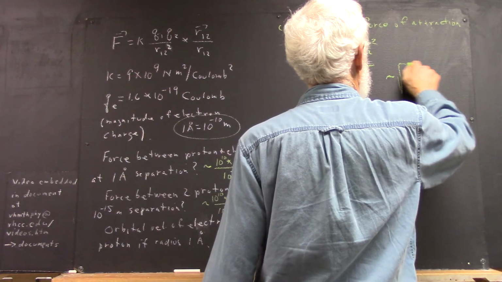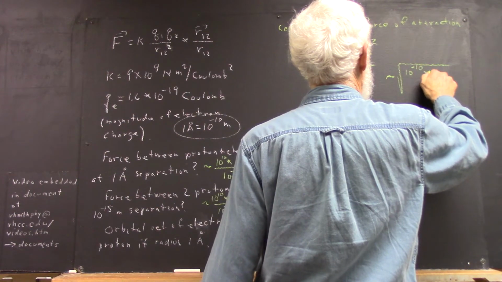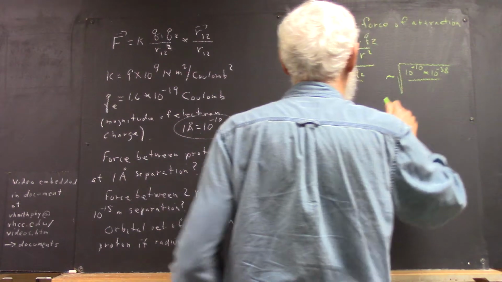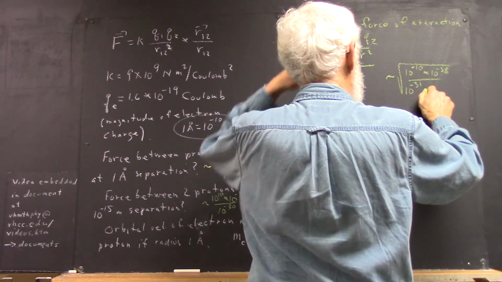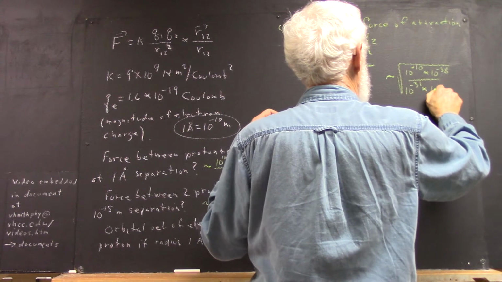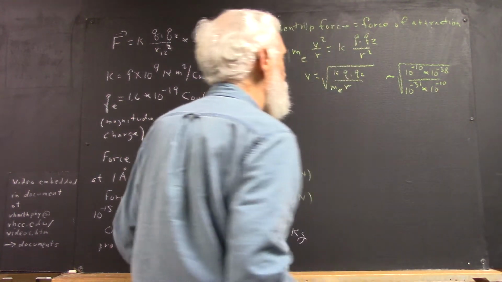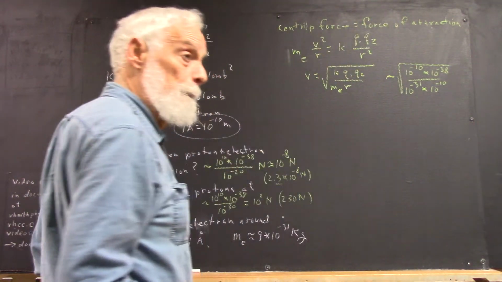Square root of 10 to the negative 10th times 10 to the negative 38th divided by 10 to the negative 31st times 10 to the negative 10th. And this is 10 to the positive 10th, not negative 10th. Okay?